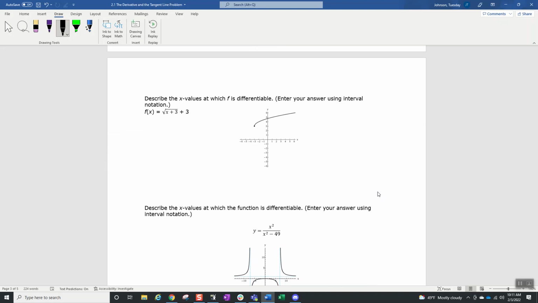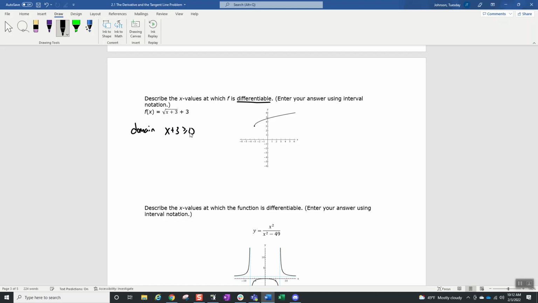Alright, so describe the x values at which f is differentiable. I'm going to start, just like I did with continuity, I'm going to start with the domain. Because if the function's not defined, it certainly cannot be differentiable.